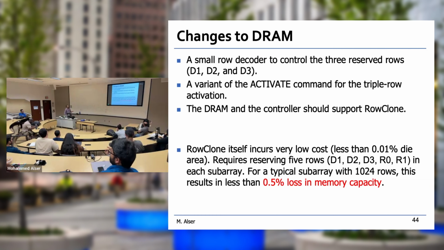There are some changes that you need to make, similar to row clone. There are those rows that should be accounted for the input, a small row decoder to control these 3 reserved rows, and a variation of the activate command for activating 3 rows at the same time. So either you have a dedicated command in the memory controller to activate 3 at a time, or you send 3.